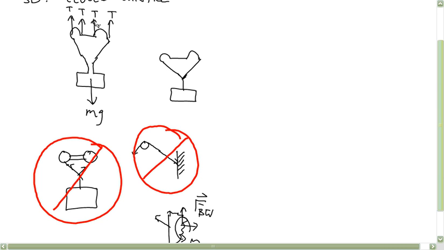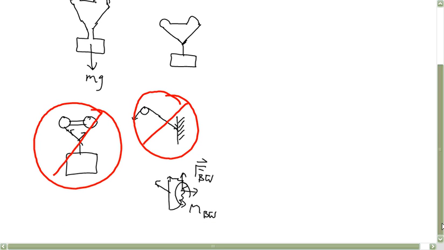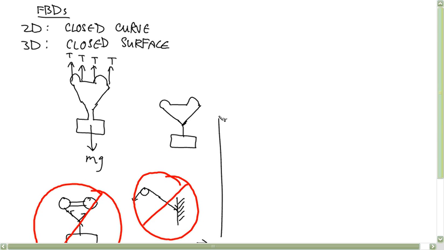There's one more thing that I want to be very clear about on free body diagrams. Okay, so this is the first thing.